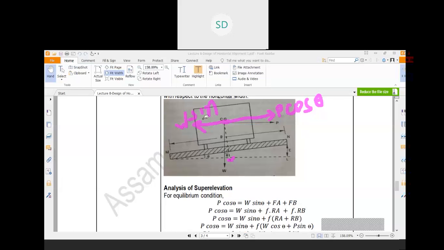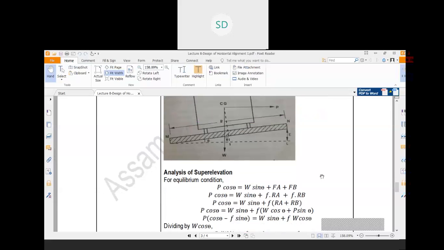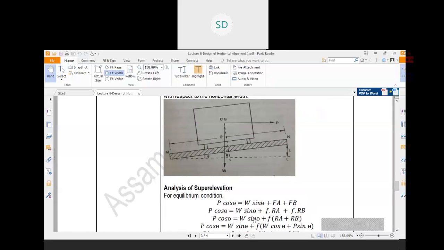So your P cos theta would be equal to W sin theta plus Fa plus Fb. Fa it would be F into Ra, plus F into Rb. So ultimately you can write P cos theta equal to W sin theta plus F into Ra plus Rb.